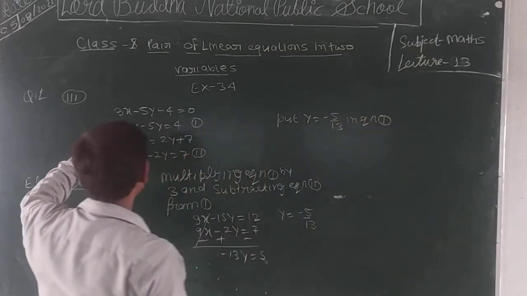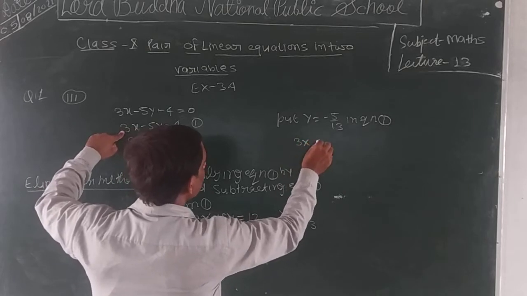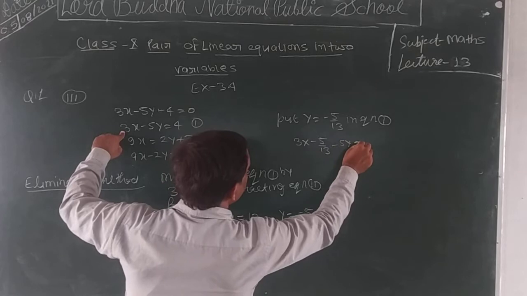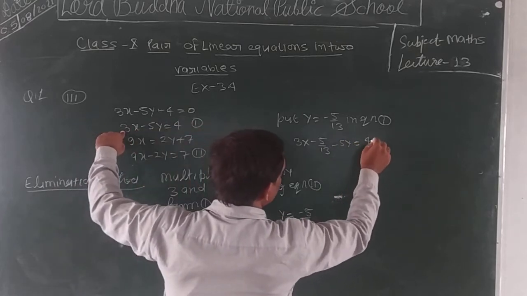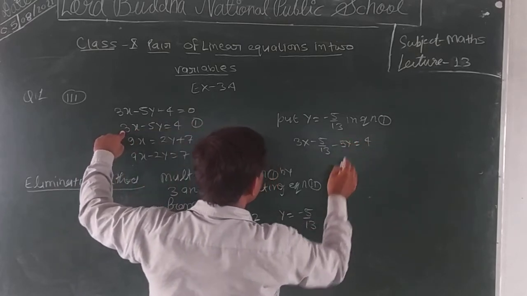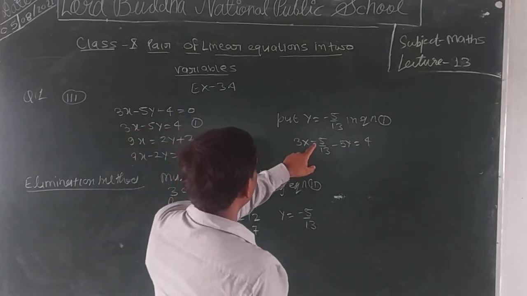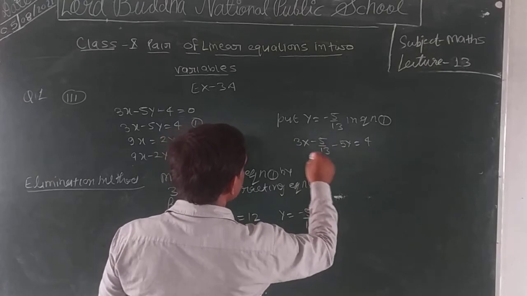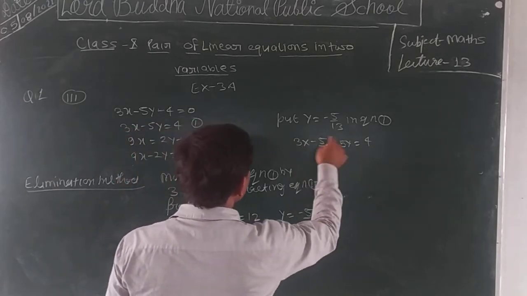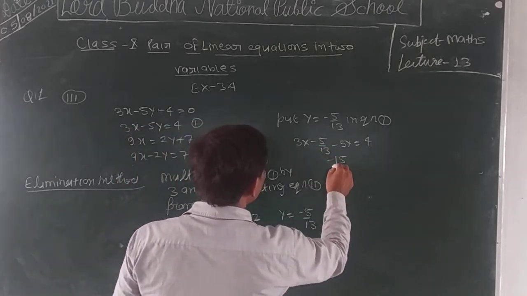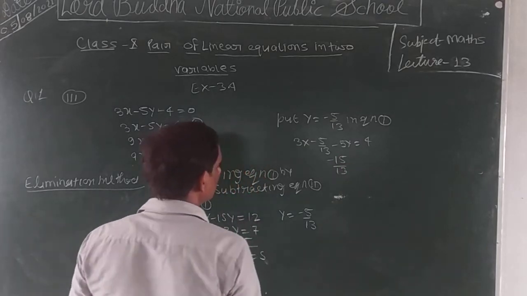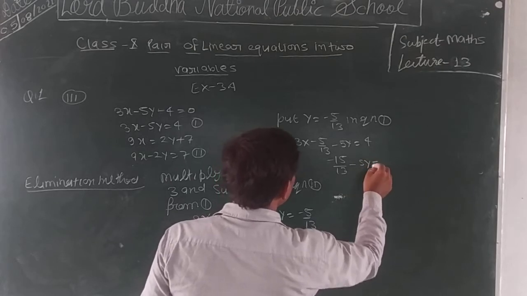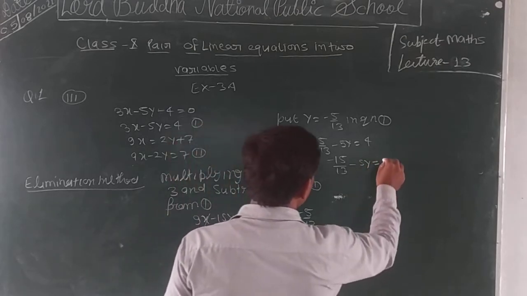Put here 3x minus 5 into minus 5 upon 13 equal to 4.